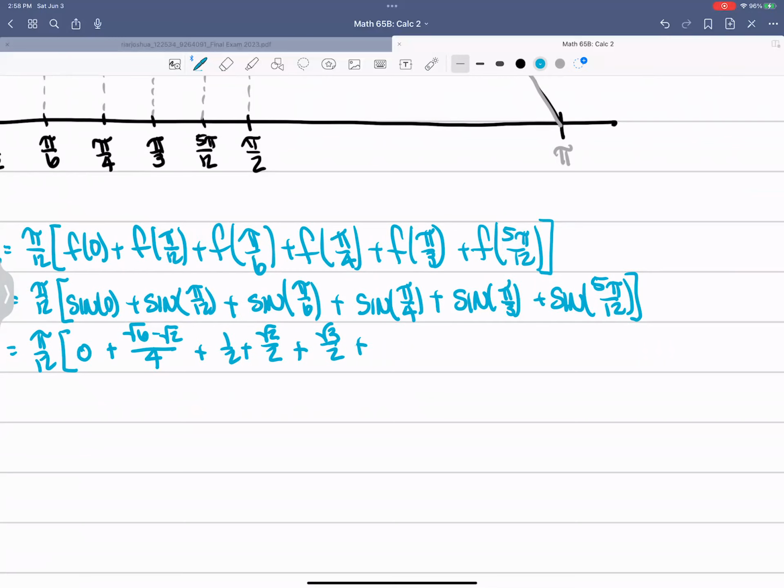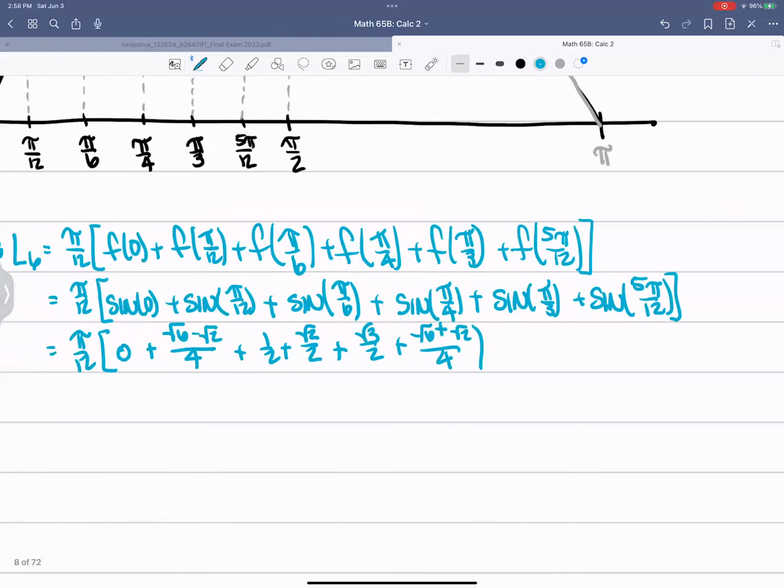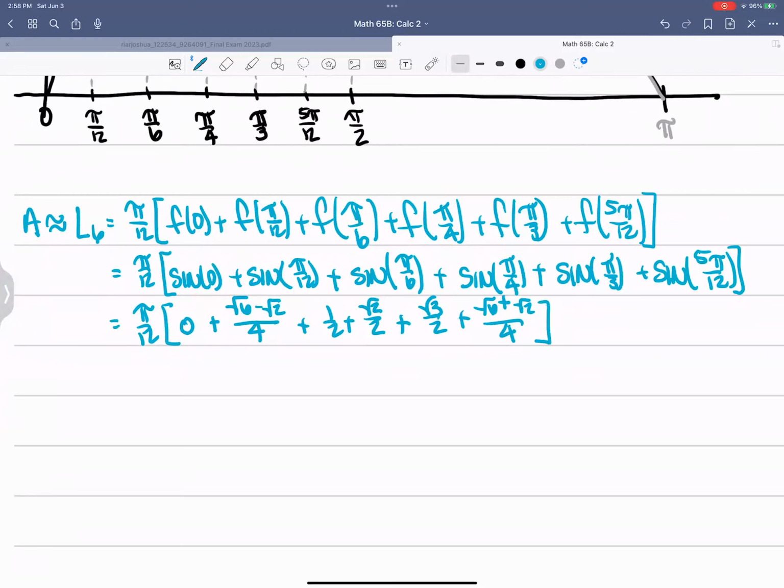And a little more fun, sine of 5 pi over 12 is root 6 plus root 2 over 4. For these, if you want another video on this, please let me know. I used the sum and difference formulas for sine. It was fun. I kind of feel like a little nerd right now. All right, adding everything together, what I'm not crazy about is having these denominators of 2, so I'm going to make them denominators of 4.